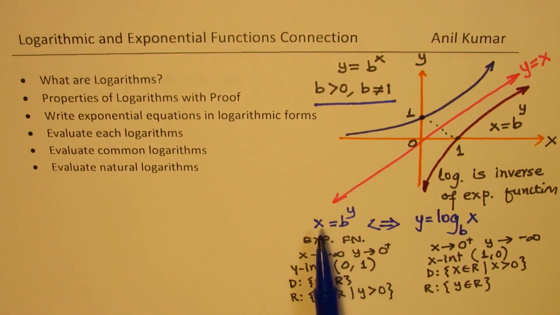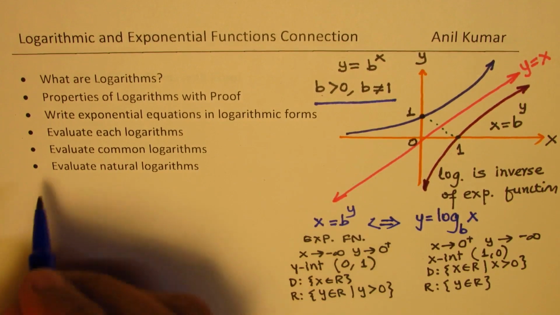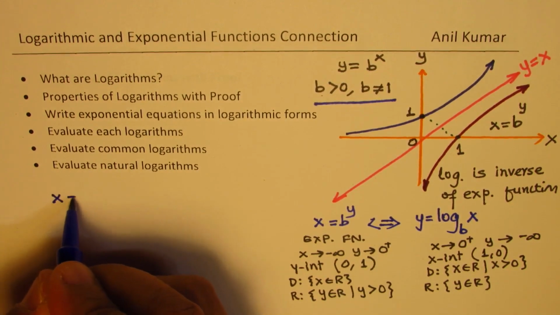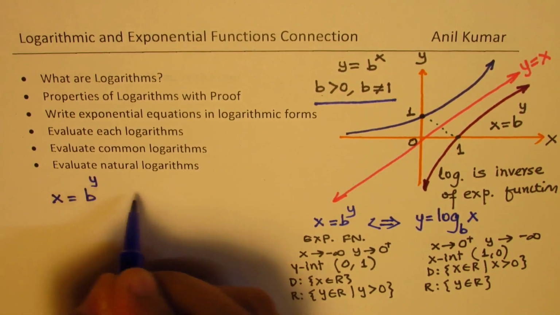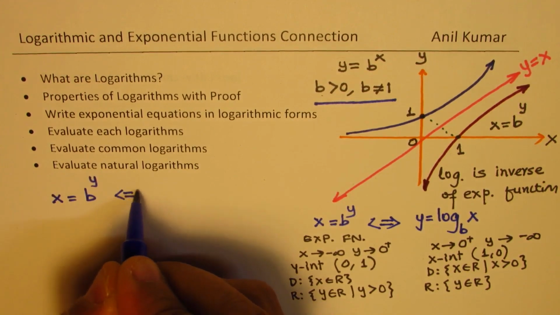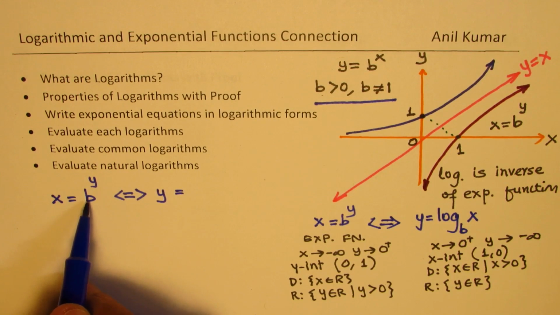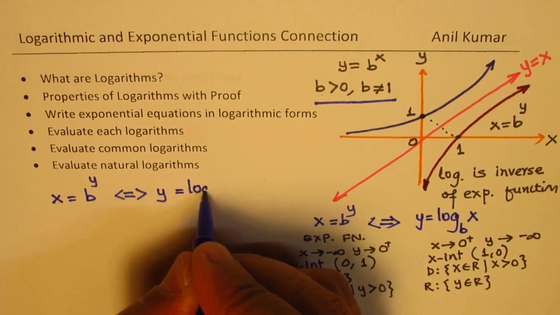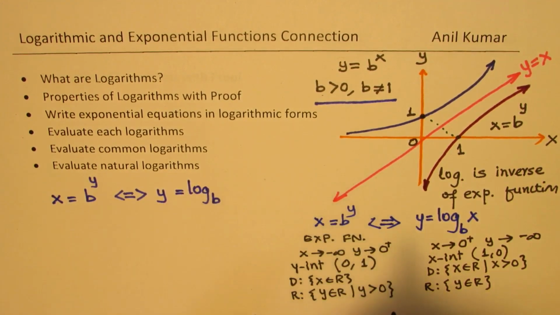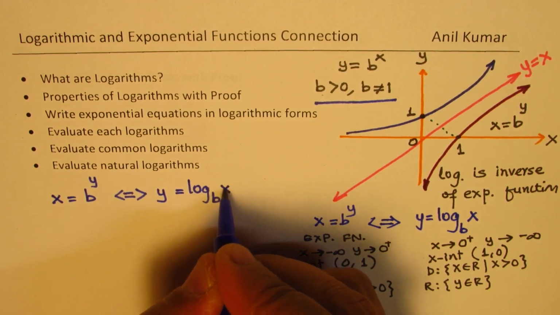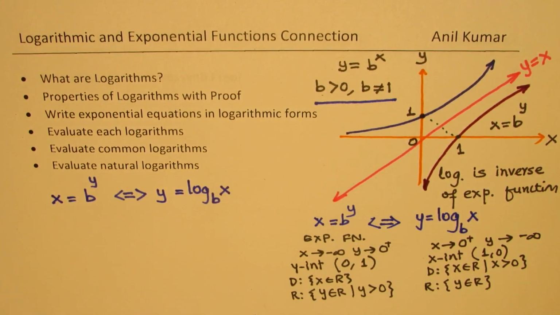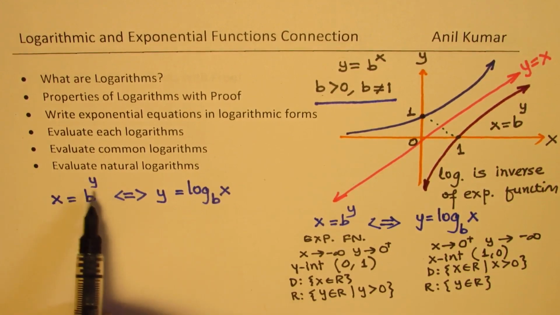So let's have another look at this equation, and we'll describe this. So we are writing x is equal to b to the power of y, which is exactly the same as y is equal to log of base b of x, correct? Now here what you notice is that y is the exponent, right?